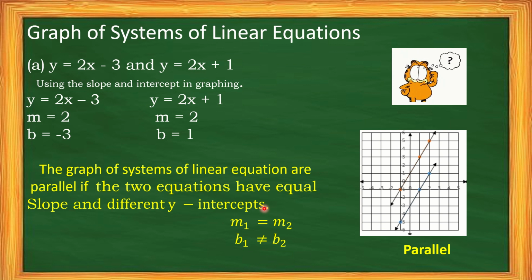So m sub 1 is equal to m sub 2, or the slope of the first equation is equal to the slope of the second equation. But b sub 1, or the y-intercept of the first equation, isn't equal to b sub 2, or the y-intercept of the second equation.